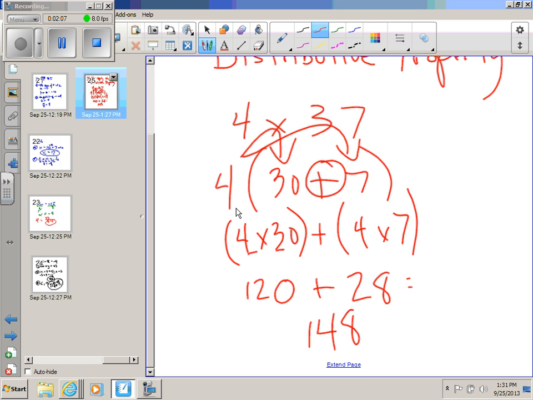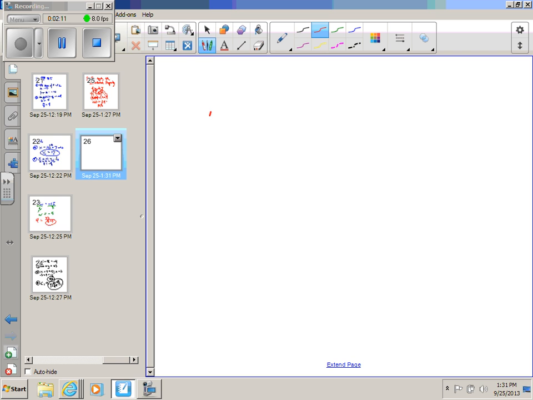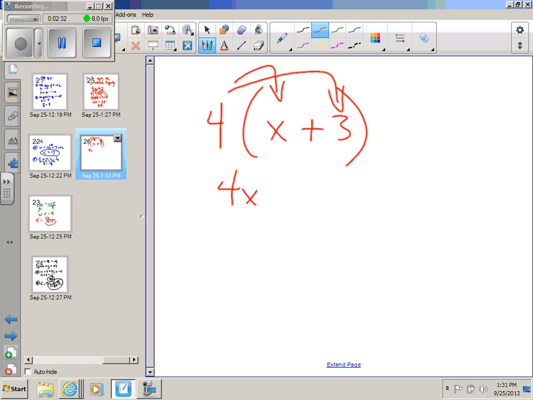So for example, if you had a 4 and an x plus 3. 4 times the x is 4x. 4 times the 3, 12.